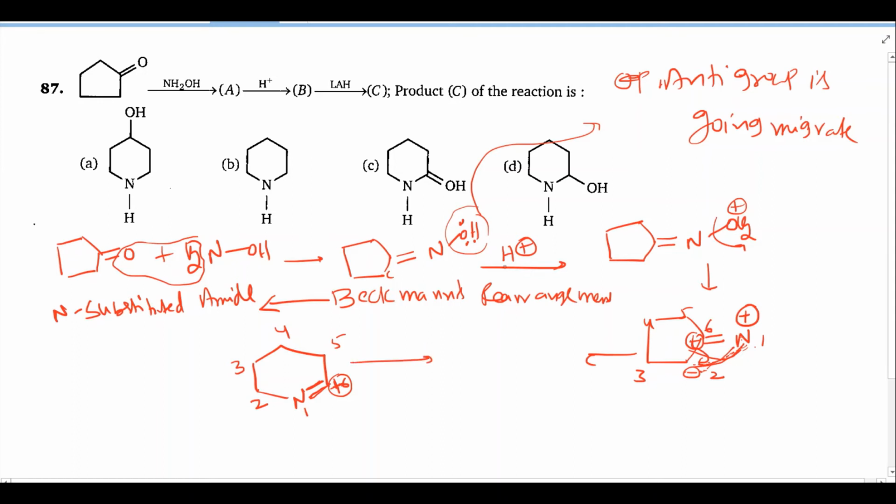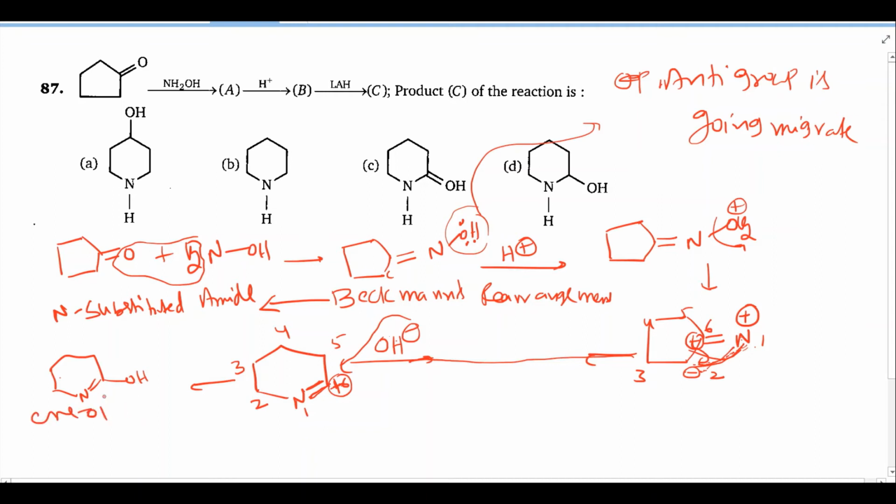Here water is eliminating, no? From that water, what is coming here? OH minus. That OH minus attacks here, then you are going to get N double bond OH. Then you can see this is the enol form.